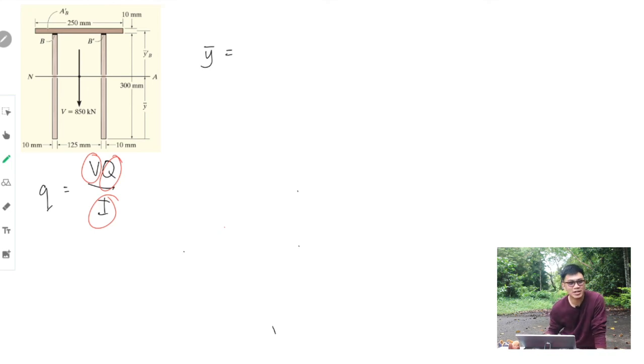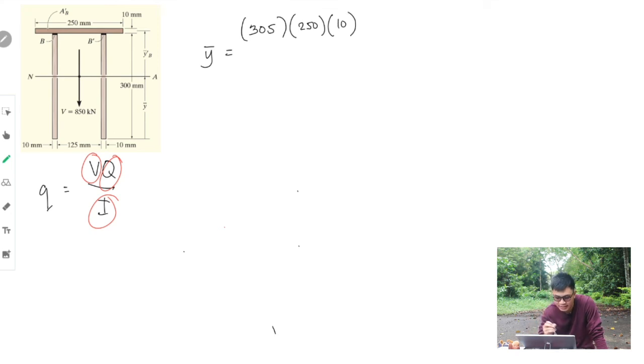So, it's Y times A over A. We start with the topmost. So, the Y is 300 plus 5, so 305, times the area, which is 250 multiplied by 10.